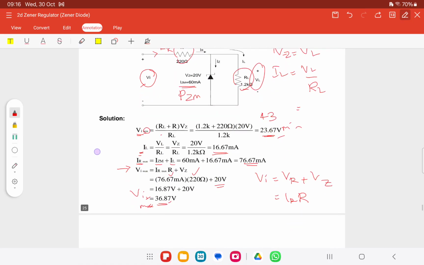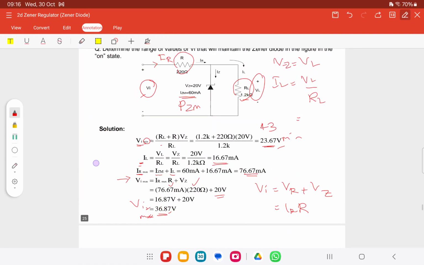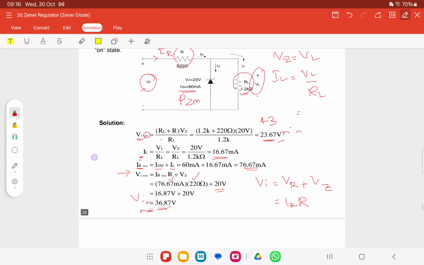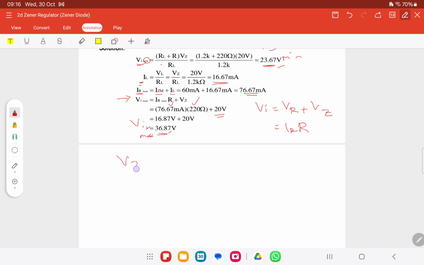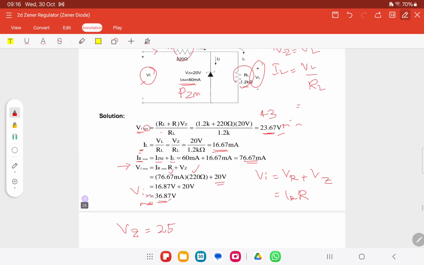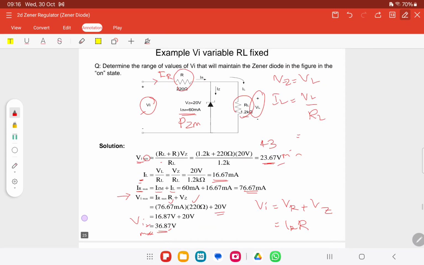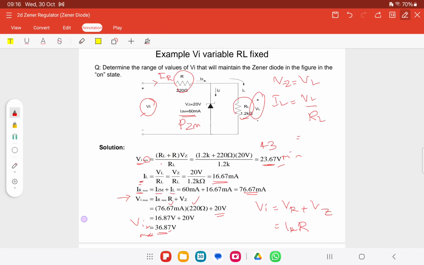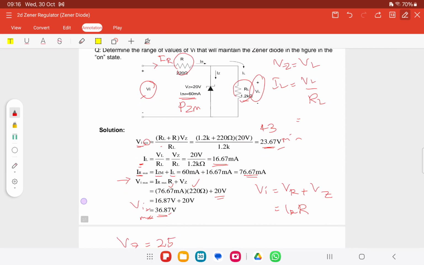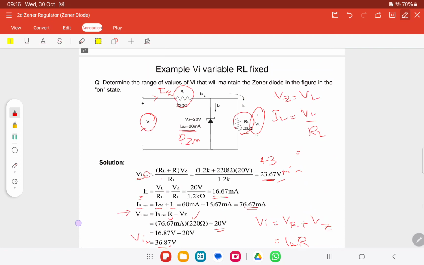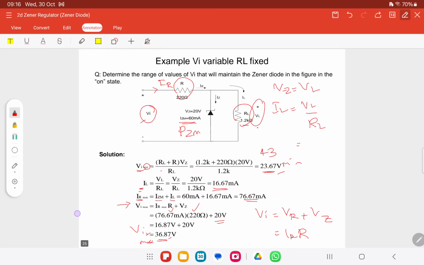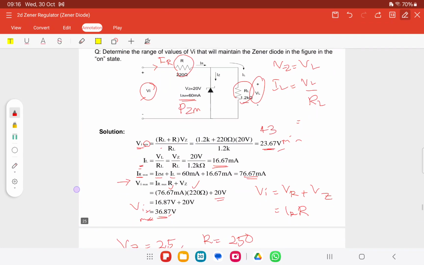Okay, let's change the value. Kita tukar value buat, kita nak tukar apa? VZ jadikan 25. Saya tak tahu dapat berapa. We change the value of R equals to 250. Cuba buat. Yang lain sama.